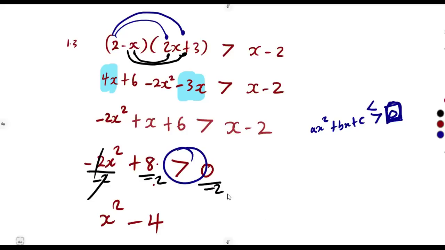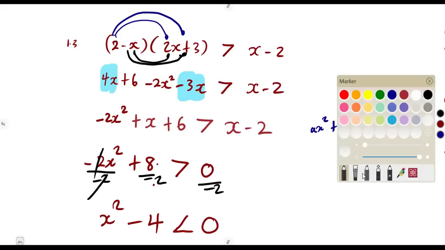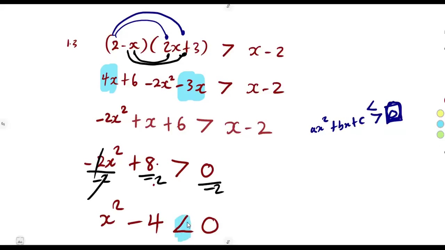It has to change. So we are going to have less than 0. The inequality sign reverses once you divide by a negative number. So that is the condition.